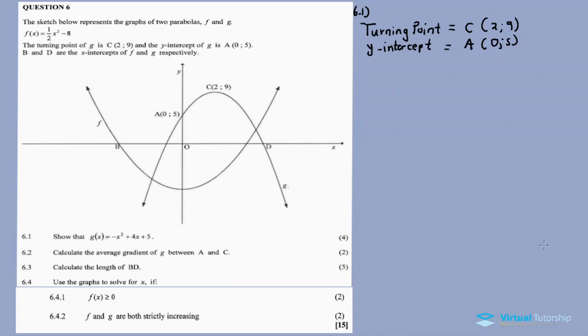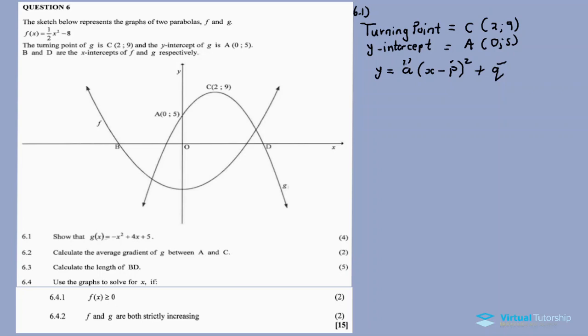If that's the case, we use this equation: y equals a in bracket x minus p squared plus q.